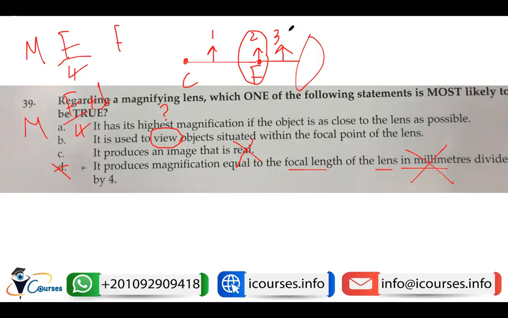If the object is placed inside f, the magnification equals F divided by 4 plus 1. So what will be the highest magnification? By the way, this F is the power, but this f is the focus. Don't confuse them.